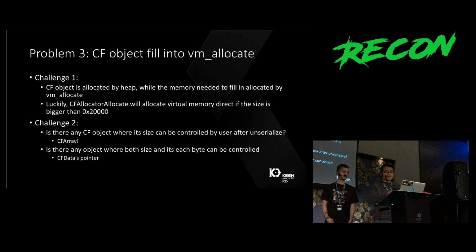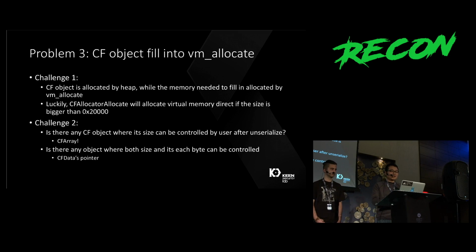But another challenge for us is that we are trying to fill in a CF object, but the freed memory is allocated by vm_allocate. So a CF object belongs to the heap, and vm_allocate is allocating virtual memory. So it's not a very ideal situation.